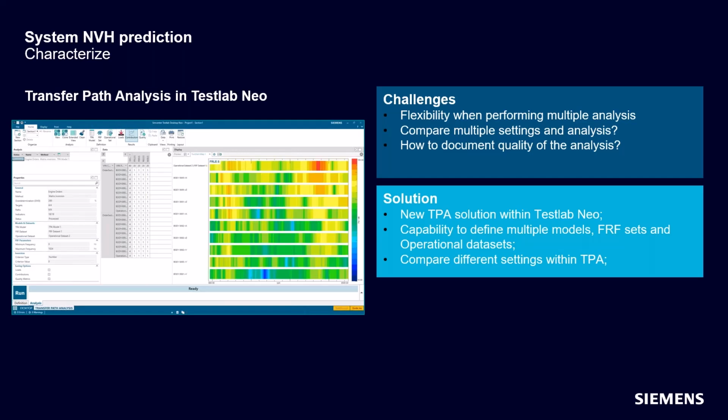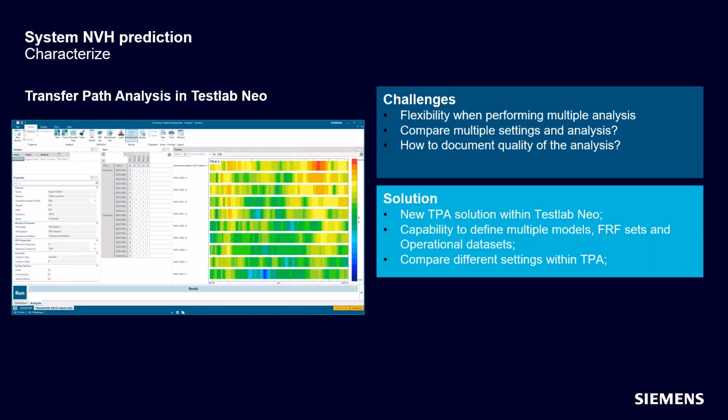And so there's a new TPA interface in Testlab Neo. And moving it to the new interface of Neo provided us some opportunity to add some of these features or change the way that the software interacts with our data. One of the nice things right off the top that I'll show you is we can define multiple TPA models, and we can define multiple FRF sets, define multiple operational sets, and then we can very flexibly build TPA models using different data sets.